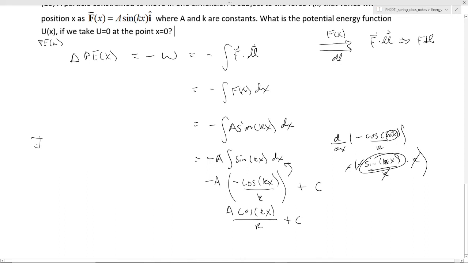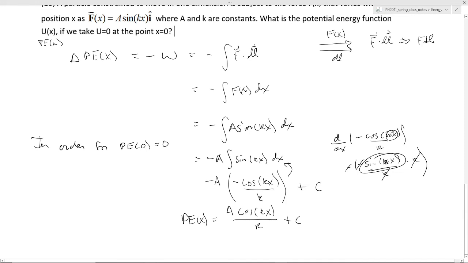So, this is our potential energy, but it's in terms of this constant. So in other words, we need to figure out what this constant is. And in order for the potential energy at 0 to equal 0, what needs to happen?